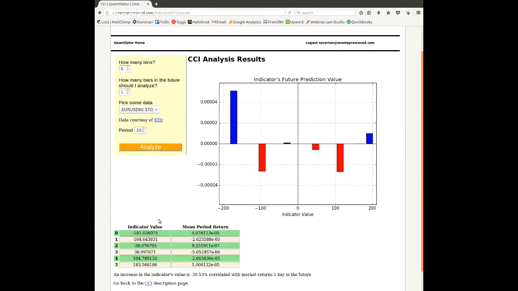There are 24 hours a day, so we would expect that a 24 period CCI should be a lot more useful than just 14, which corresponds to nothing. Maybe a 12 period CCI makes sense because that's half a day. Maybe an 8 period CCI makes sense because that corresponds to roughly the Euro, US, and Asian trading sessions. But 14 is just kind of like a made up number, right?